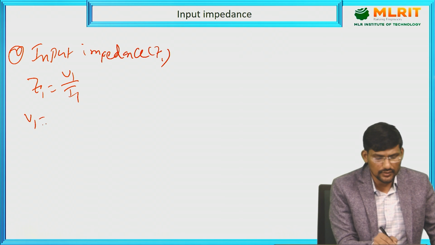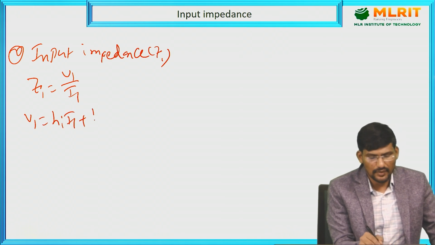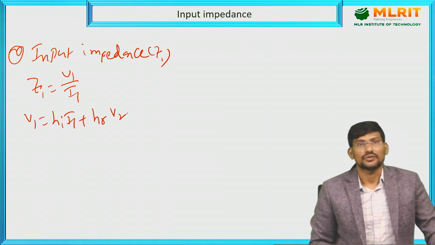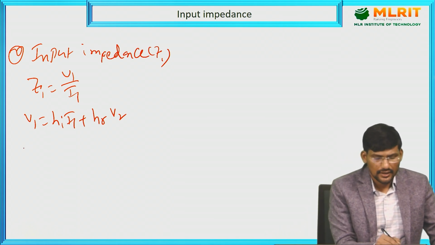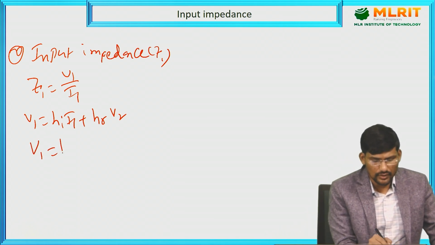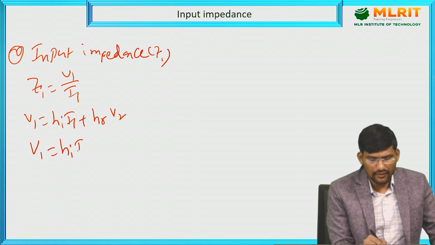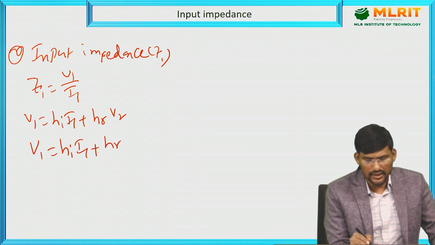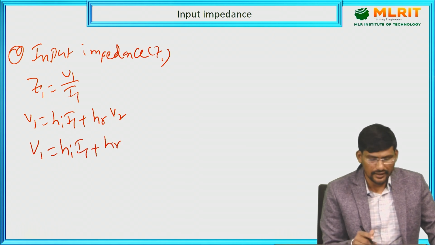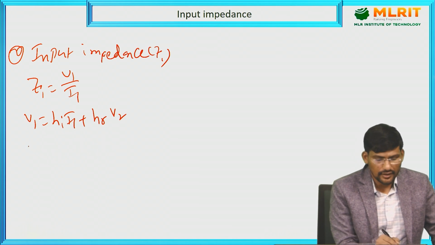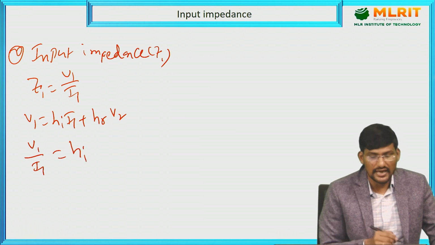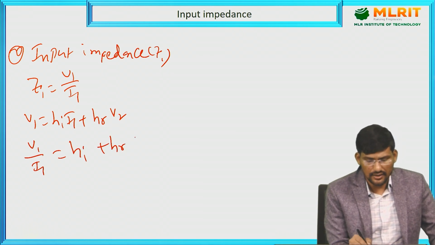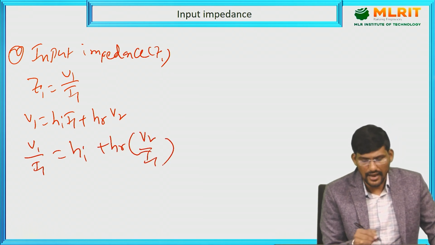We will consider the first equation here: V1 is equal to Hi I1 plus HR V2. This is the first equation of the H parameters. If you divide both sides by I1, V1 by I1 is equal to Hi plus HR into V2 by I1.